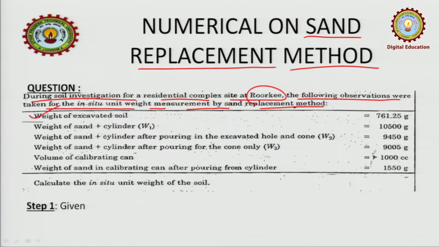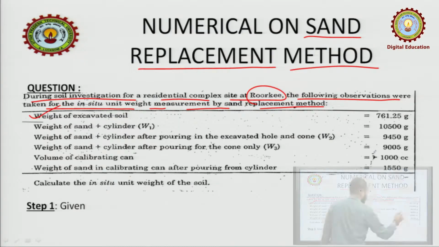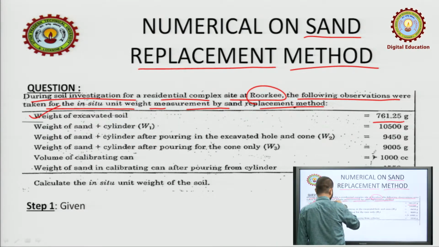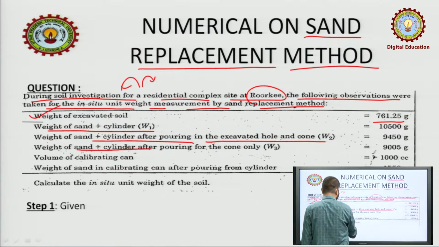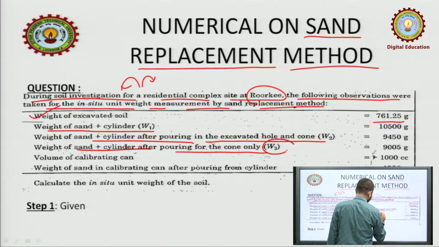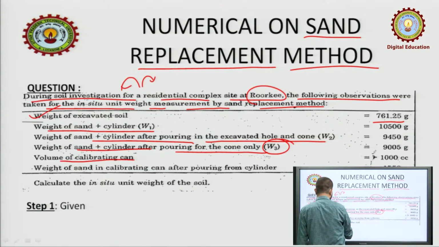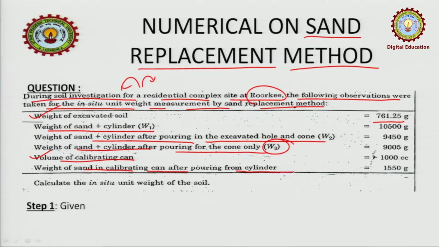The first one is the weight of excavated soil, which was excavated from that borrow. Then sand plus cylinder after pouring in the hole and cone. This is sand plus cylinder after pouring in the cone only. This is the calibrating can's volume. Then the weight of the sand in the calibrating can after pouring from the cylinder. So these are all values given to us.